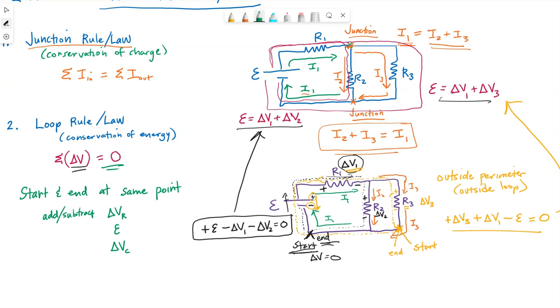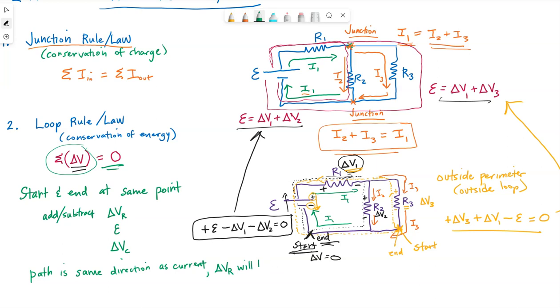This is always potential. So if our path we're taking, our loop, if we path in the same direction as current, delta V for the resistor will be negative.